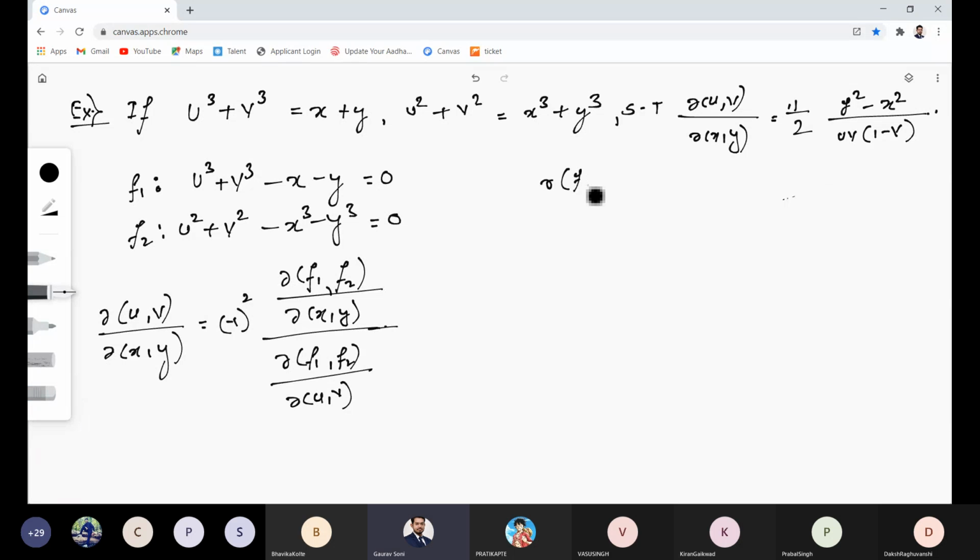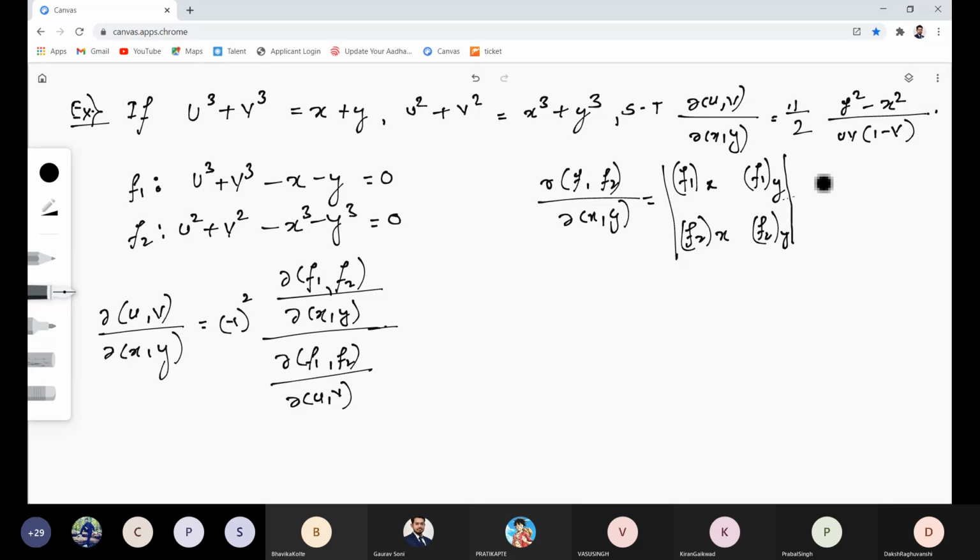So Jacobian of f1 f2 with respect to x y is equal to the determinant: f1 with respect to x, f1 with respect to y, f2 with respect to x, f2 with respect to y. Let's put the values. Derivative of f1 with respect to x is minus 1.